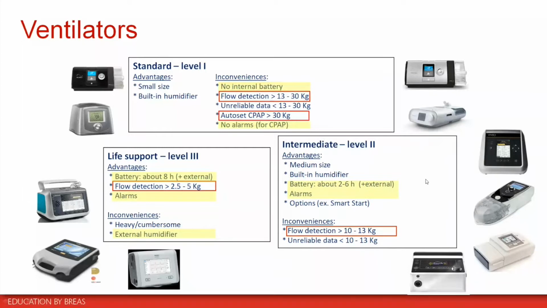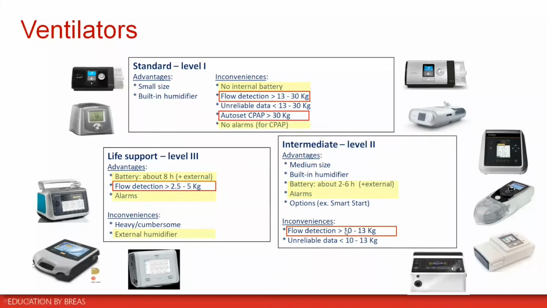If you want to understand them, you have to ask the manufacturer to explain what the different options are, because sometimes they have different names for the same thing as another model of ventilator. Or you go through the ventilator to try to understand what these options are, or you ask the manufacturer.